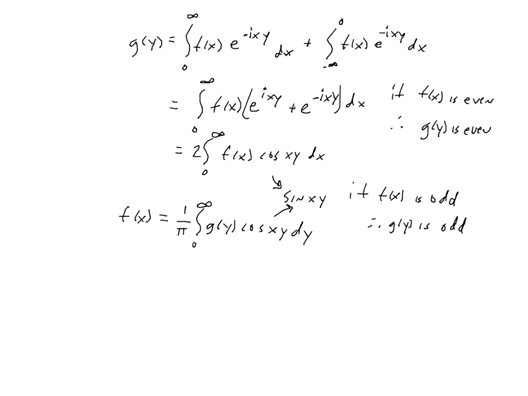Your symmetry is preserved, which is a good thing. And so this makes our life a little bit simpler if we know the symmetry of the function we're transforming. If we don't, let's say it doesn't have a well-defined symmetry, then you just stick with the exponential terms, just like with the Fourier series.